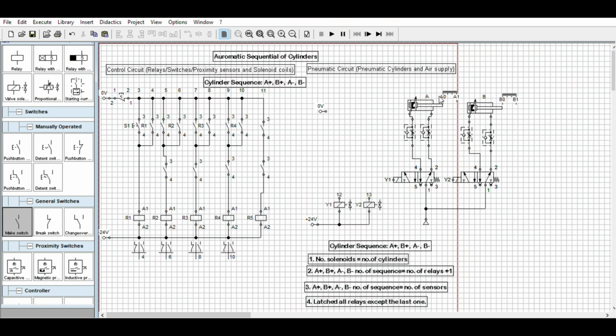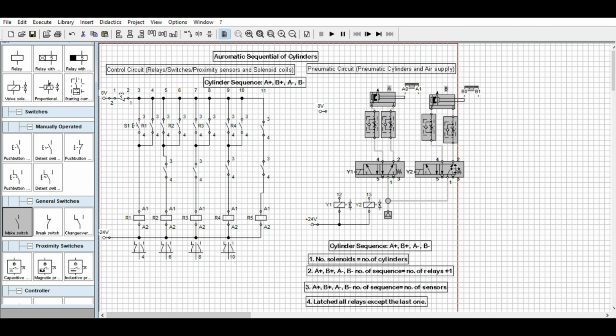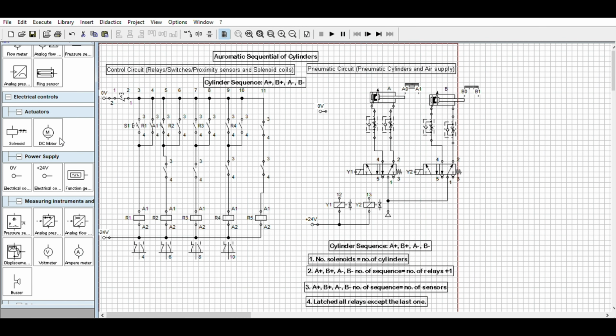If cylinder A is turning on, it will trigger the sensor A1. So we will have this one as sensor A1. Okay, and that sensor A1 is this one. If you are going to place this one, where is the roll?